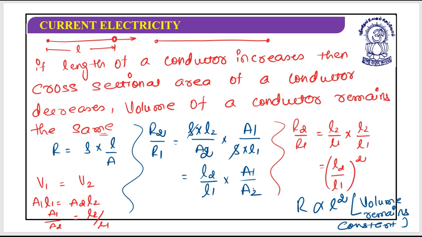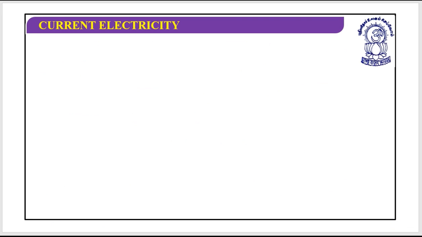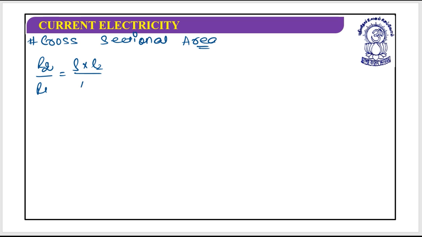Is it? So in the same manner, what I can write for the cross-sectional area as well. Previously it was for length, now it's for cross-sectional area. What I know is R2 divided by R1 is equal to rho multiplied by L2 divided by A2, divided by rho multiplied by L1 divided by A1.